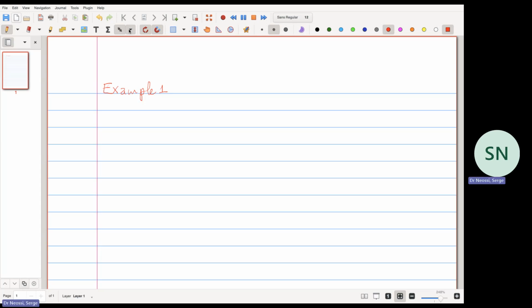I think I'm encountering another problem here. Oh, my screen is completely black, so I can't see anything, so I can't even write.